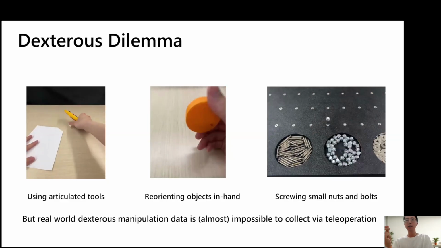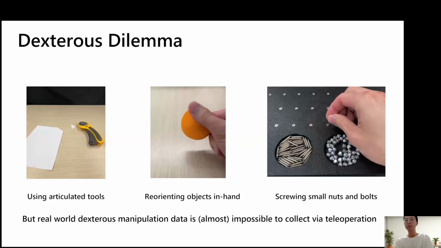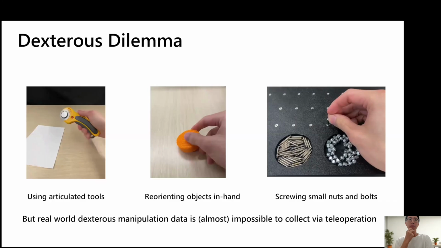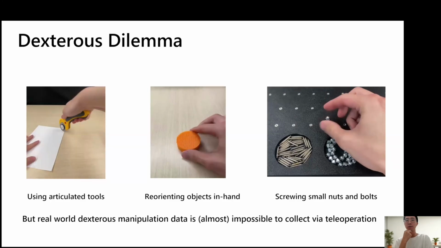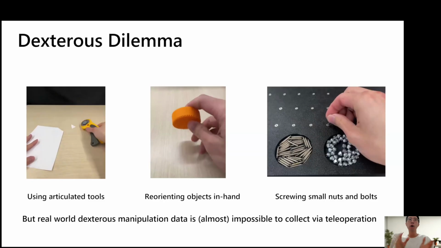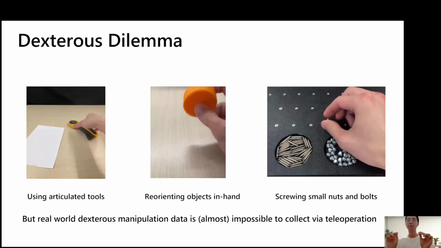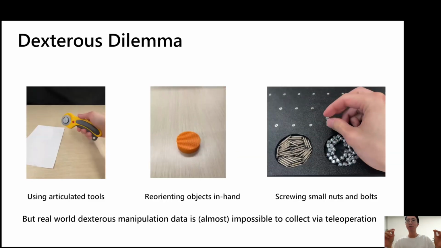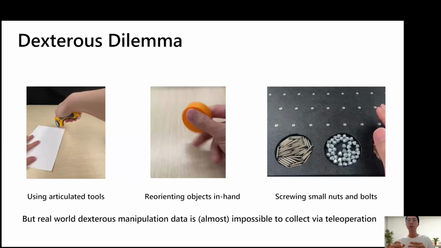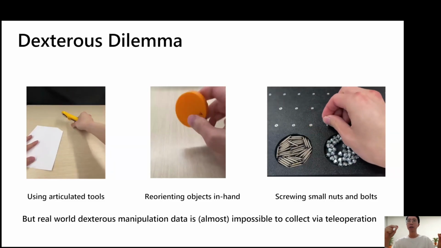But all these tasks are actually very challenging to collect data for with just teleoperation. And the reason is that they all require very precise and fine tactile or haptic feedback to humans. With teleoperation, we actually don't have very good haptic feedback.